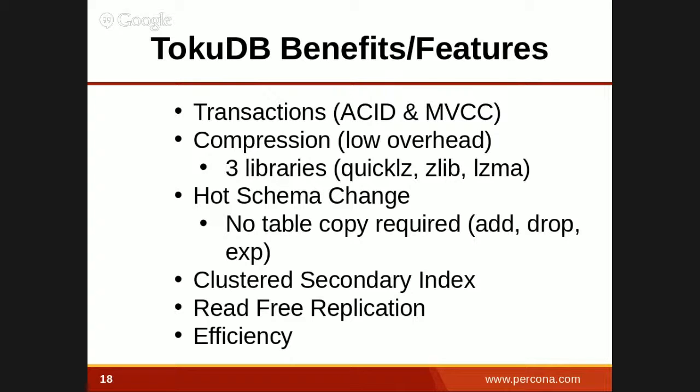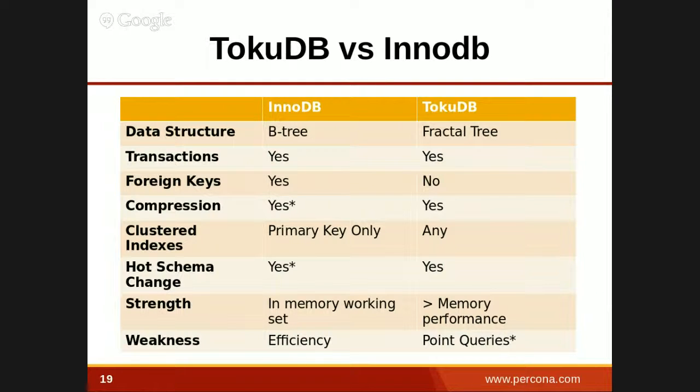InnoDB also allows you online alter table in, let's say, MySQL 5.6. But that requires copying the table, which is expensive and also means you have to have a double amount of disk to be able to perform that operation. We get clustered secondary indexes, read-free replication, and efficiency. These are kind of a comparison of InnoDB and TokuDB.